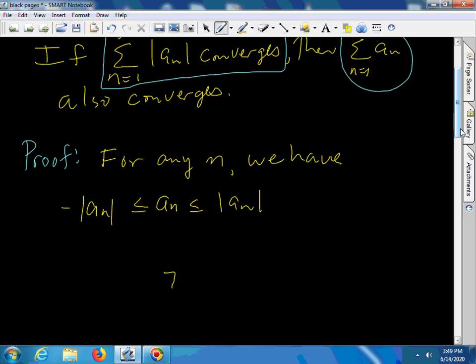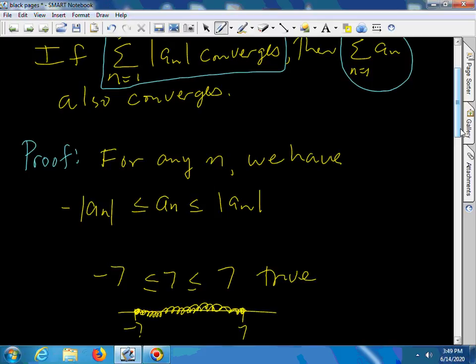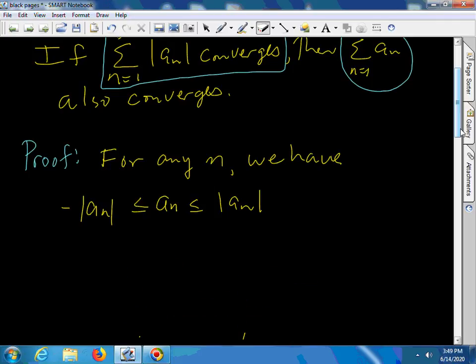The number 7 is definitely in between, I don't know, negative 7 and 7. This is true. Negative 7 to 7, and you can equal the endpoints. This number is in between there. Okay, so this is really key for this problem.